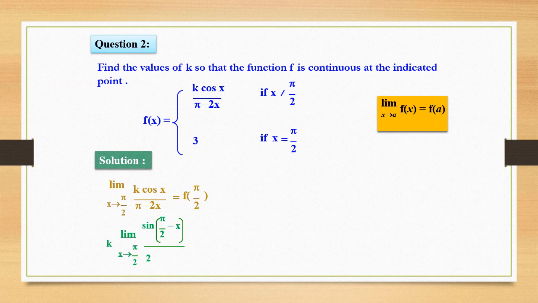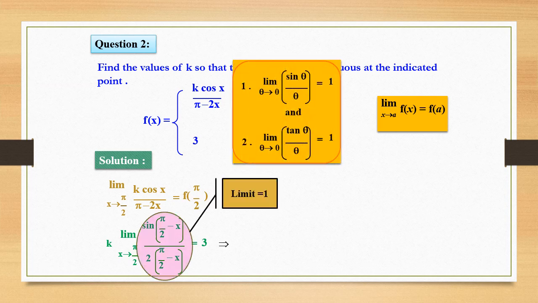So k we are taking out as a constant, and in place of cos x we are replacing it with sine of pi by 2 minus x. 2 is common in the denominator, so we get pi by 2 minus x, which equals 3.